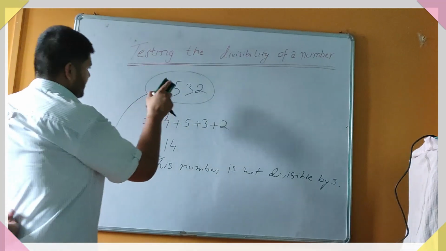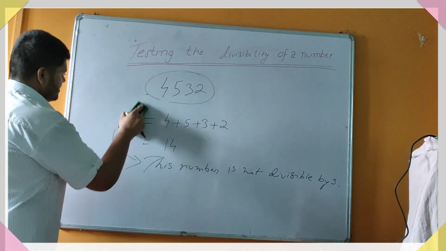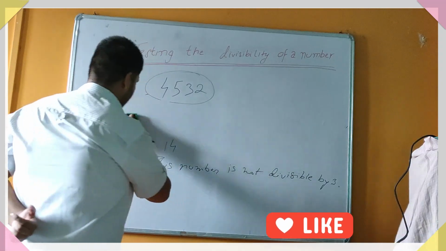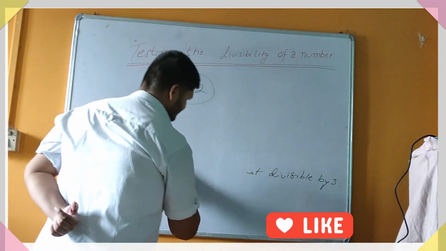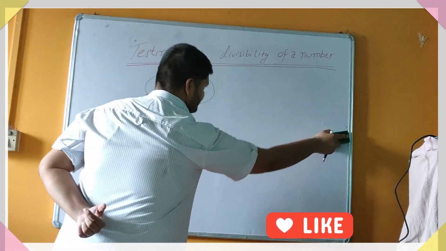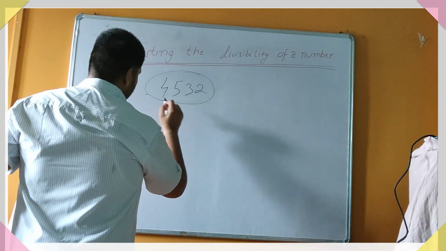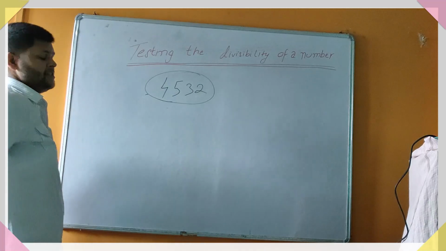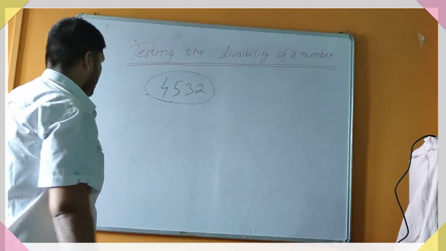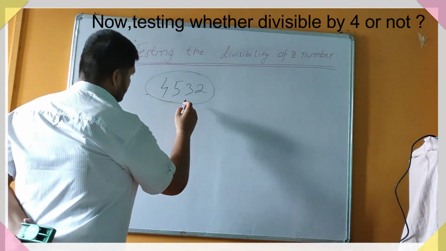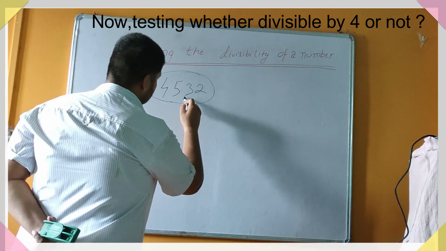Now we are going to test the same number whether it is divisible by 4 or not. To test this, you need to take the last 2 digits.